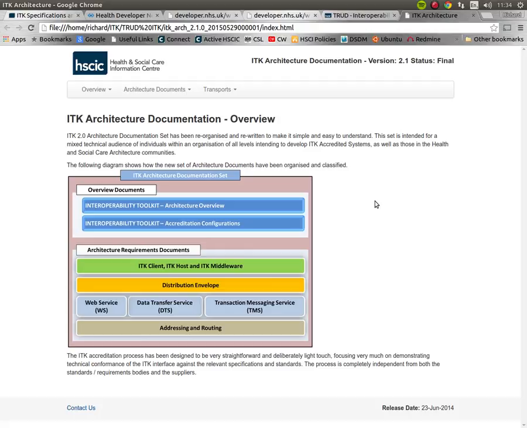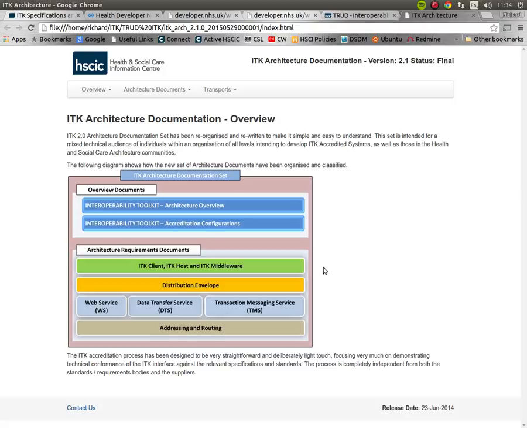separated into two areas. So we've got a couple of overview documents. The architecture overview document's actually a really good starting point. This hopefully puts ITK into more context and explains a little bit more around the different system types. And then we've got a set of more specific documents which are very much focused on what role you're playing as a provider.